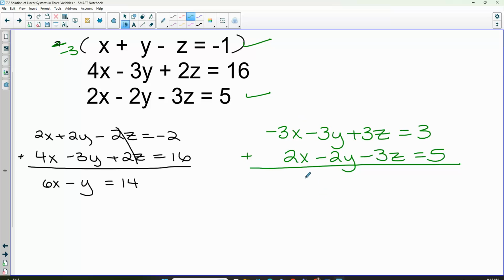If I add these together, -3x plus 2x, -3y minus 2y. These cancel and equals 8.